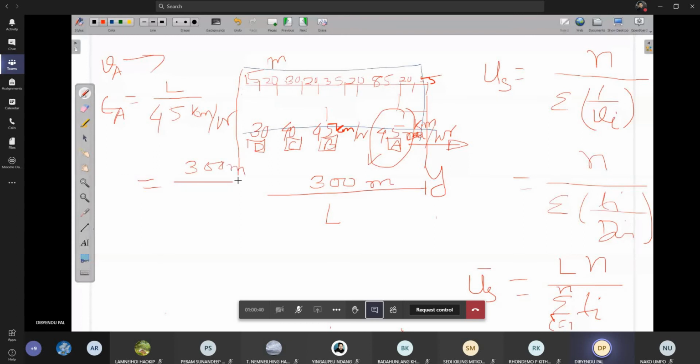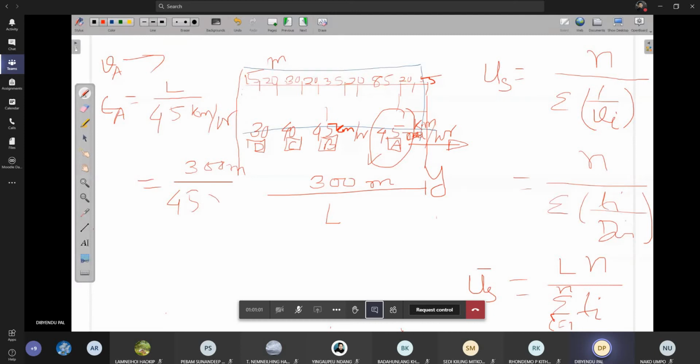What is the value of L in our case? 300 meter. Okay. And what is the speed? Speed here is 45. The earlier value we calculated in terms of kilometer per hour, so here also we will find this value in terms of kilometer per hour, or you can write it in meter per second and convert it any way you can.